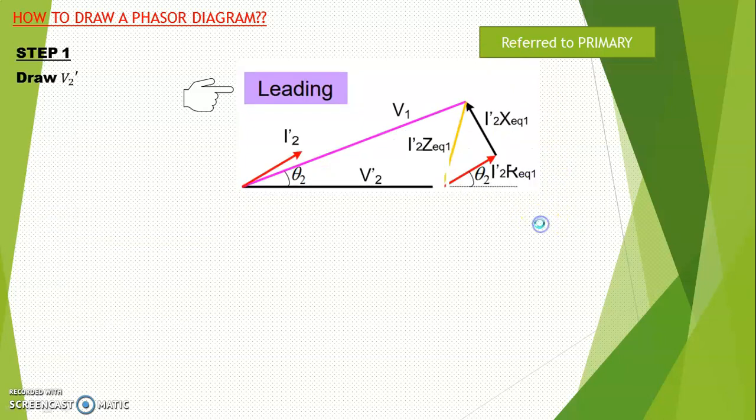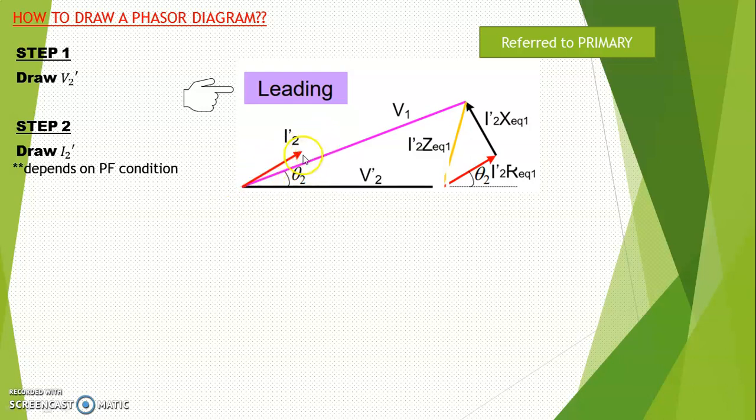Next, we will see how to draw the Phasor diagram for a leading condition. The step-by-step is, step number 1, same as in the previous case: you need to draw the V2 prime first as your reference. Next you draw your I2 prime, which depends on the power factor condition.